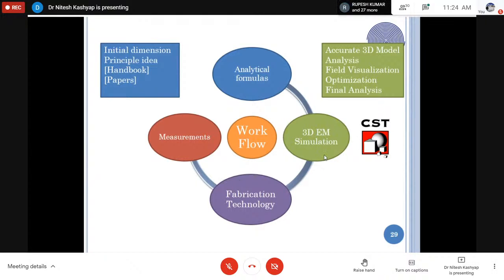See, if I eliminate this screen portion, the 3D simulation software, what will happen here? We will have the analytical formula and the fabrication technology. After the analytical formula, we directly go to the fabrication technology, and it will increase the cost of the fabrication, because from a single attempt, no one is able to design a perfect antenna.